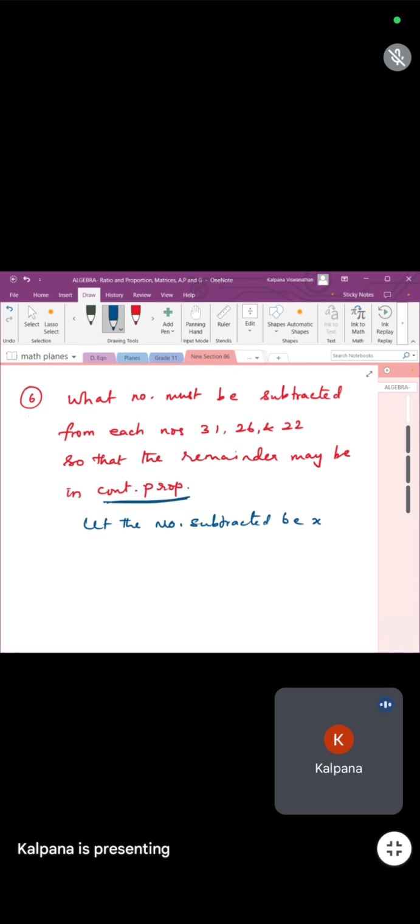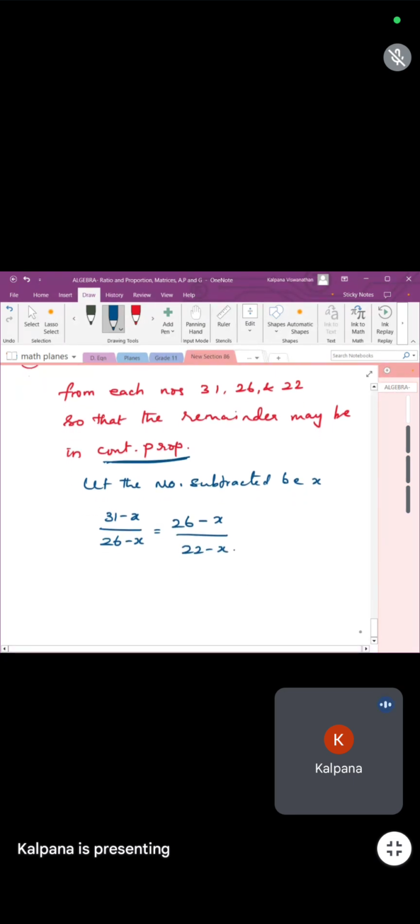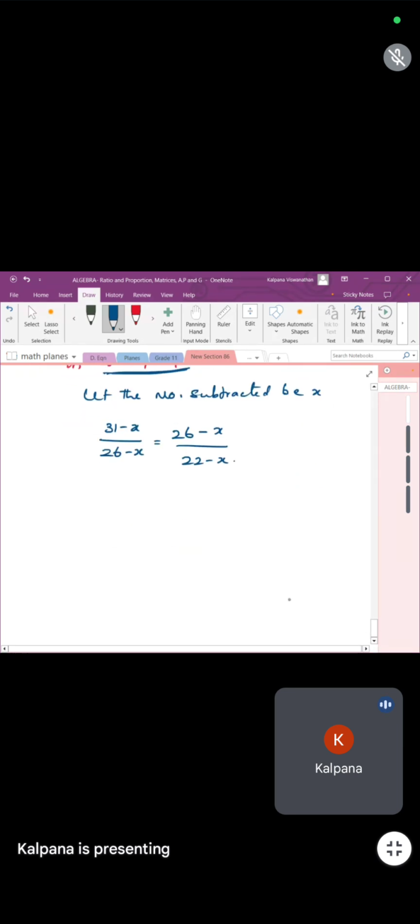The word continued proportion, how do you write the equation now? 31 minus x by 26 minus x equals to 26 minus x by 22 minus x. Very good. So continued proportion, the second term becomes continuous here. So 26 minus x by 22 minus x. Okay, so after this, you know what you have to do. You will only cross multiply and do as we have done earlier. So this is how we write it.